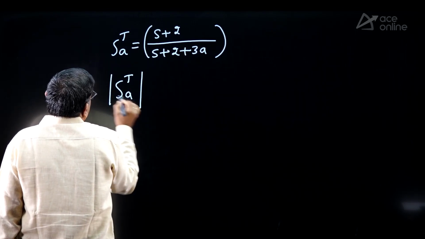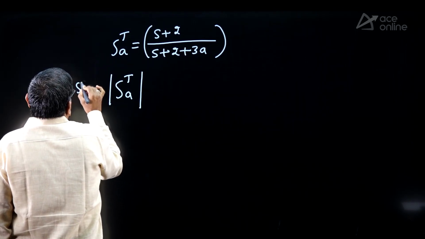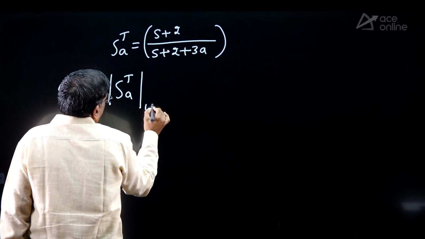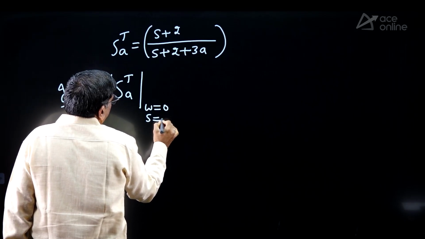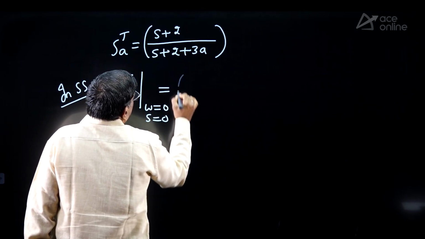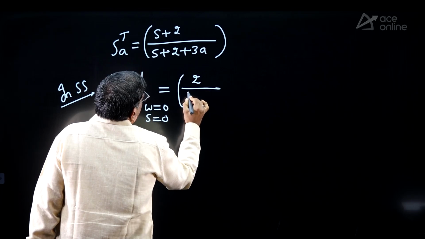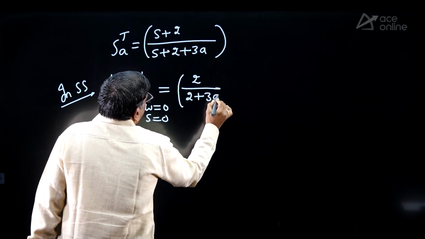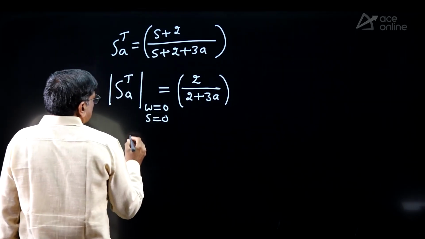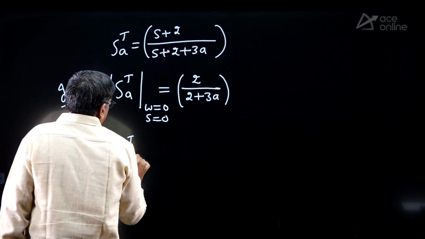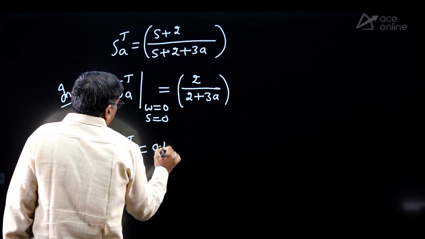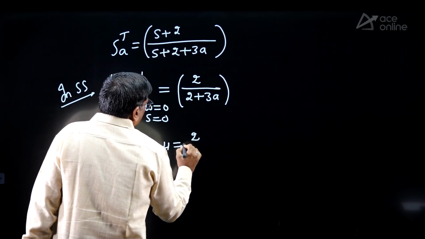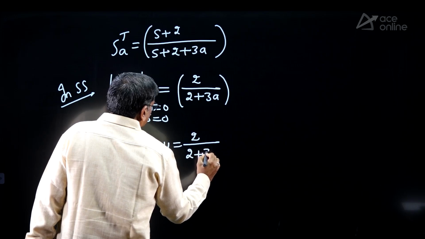Steady state means frequency 0, omega 0, S 0. That means what you are getting is 2 by 2 plus 3A. How much is given for S_A^T? S_A^T is given as 0.4. That equals 2 by 2 plus 3A.